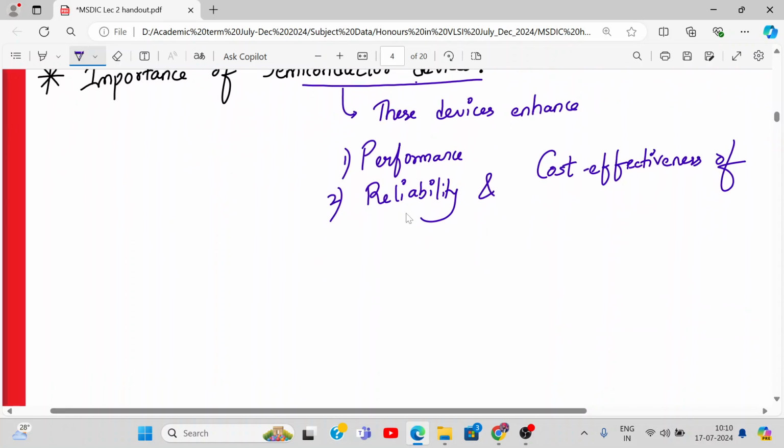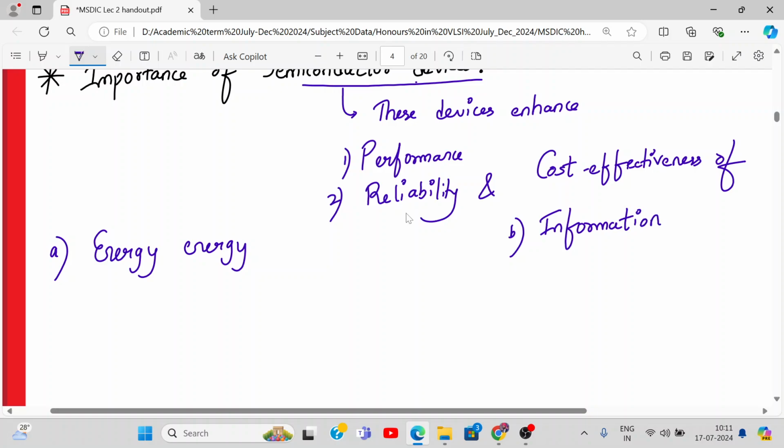Now which are the two systems we are talking about? First is energy systems, and the second category is information systems. So semiconductor devices enhance performance, reliability, and cost effectiveness of energy systems and information systems.